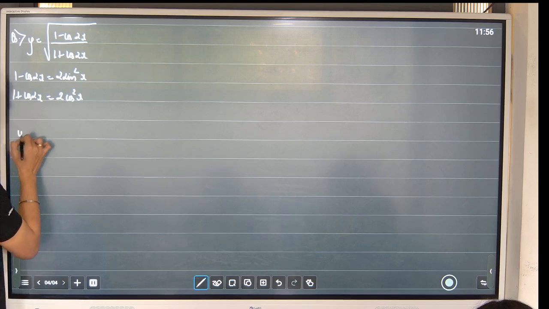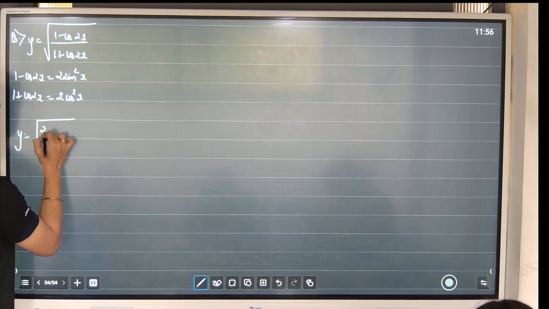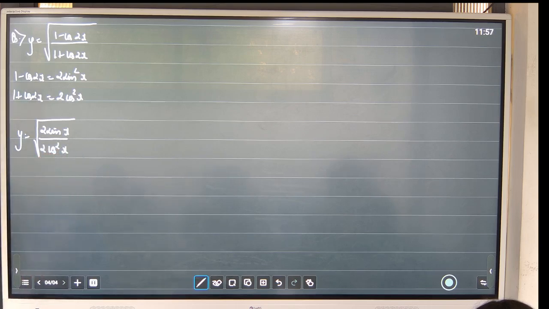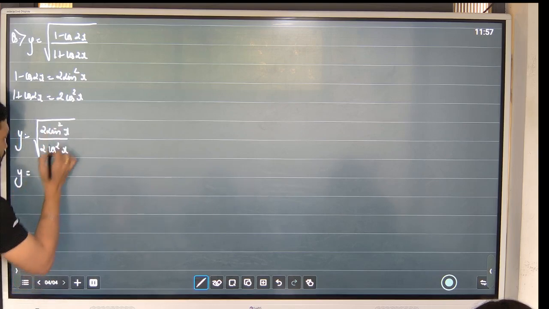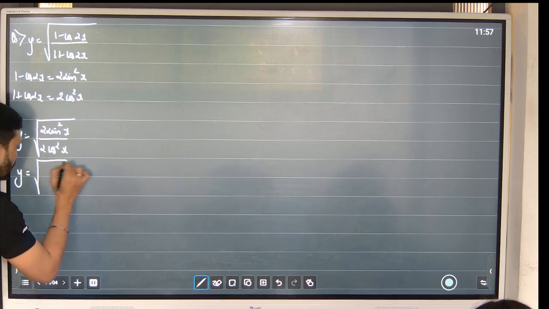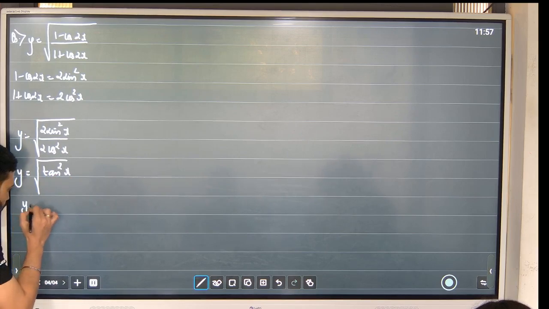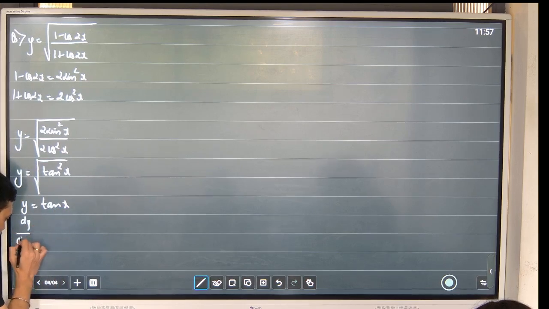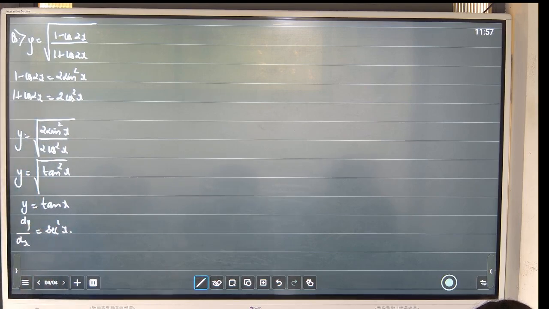Now if I substitute here, this will become y is equal to under root of 2 sin square x upon 2 cos square x, which will become y is equal to under root of tan square x. So y is equal to tan x and dy by dx is equal to sec square x.